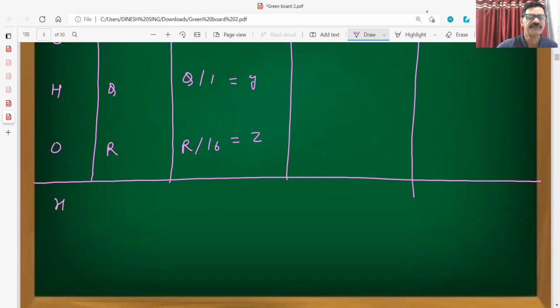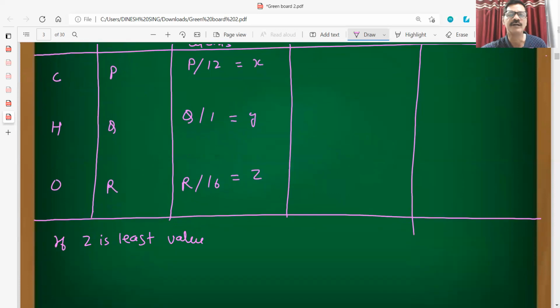And if Z is the least value, then we can do what?